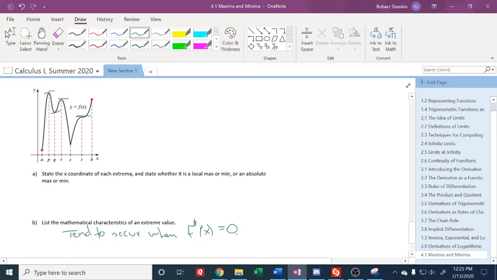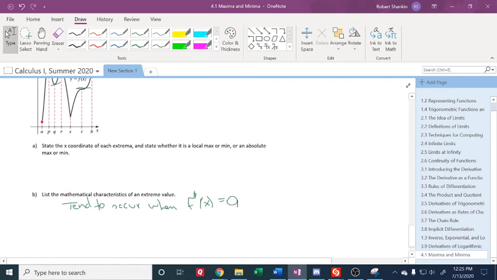That's a cusp point, so it's not differentiable. That's right. Extreme values tend to occur when this or, more rarely, when f prime of x does not exist.